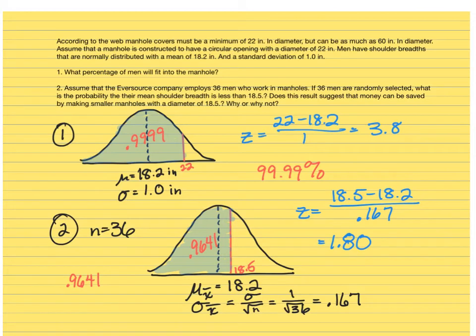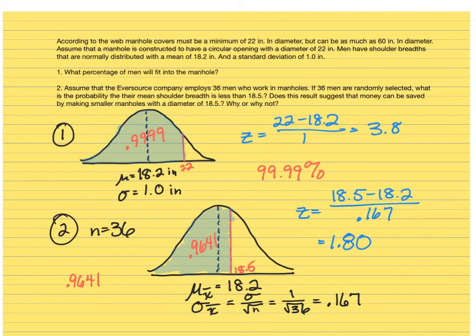And look, you've gone from 99.99%, which is practically everyone, to 96.41, which is still really high. So I think it probably is worth decreasing the size of the manholes so you don't spend so much money on making them, but you still pretty much have everybody fit into them. And so you see, we can do the calculations, but there are reasons we want to know these things, right? Because if you don't have the ability to look under the normal curve and find these areas, you have no idea what percentage of men will fit in the manhole.